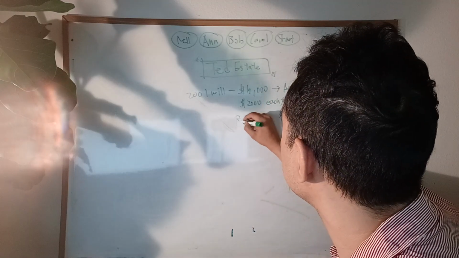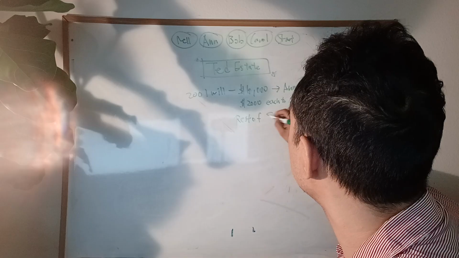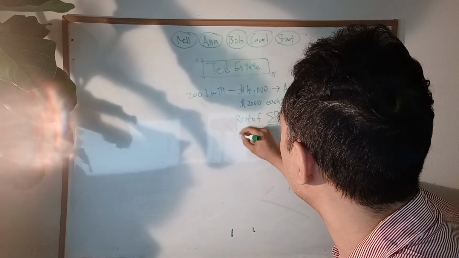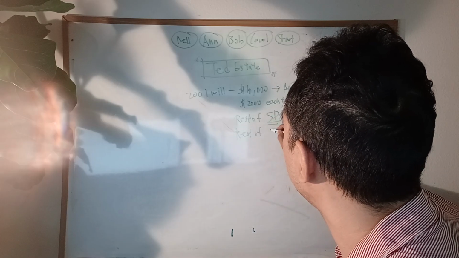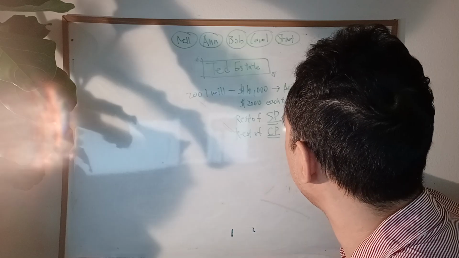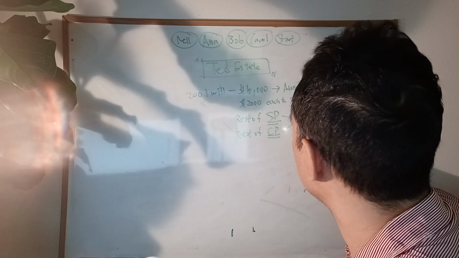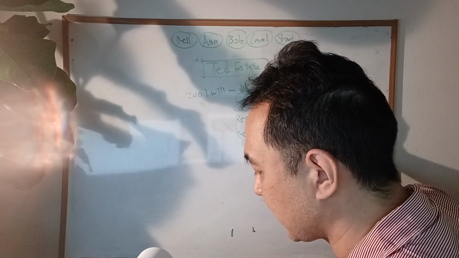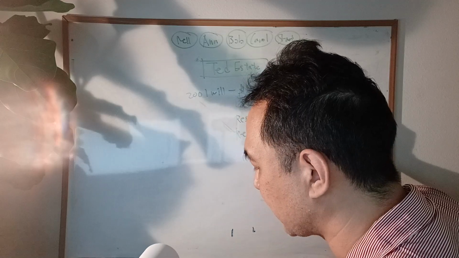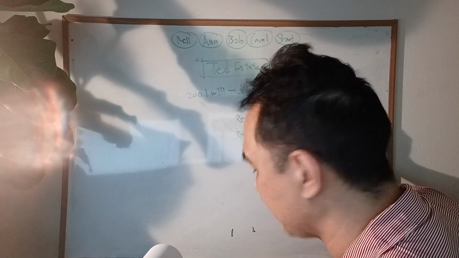So, rest of SP and rest of CP, community property, goes to his wife, right?